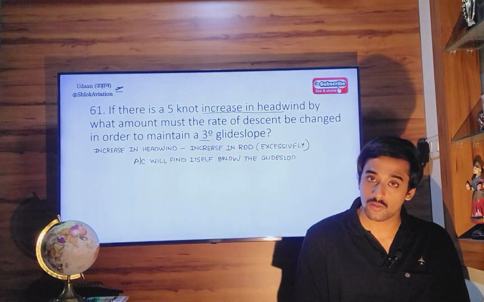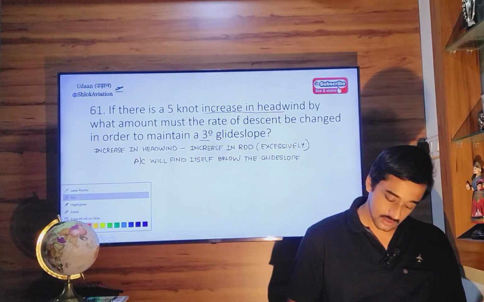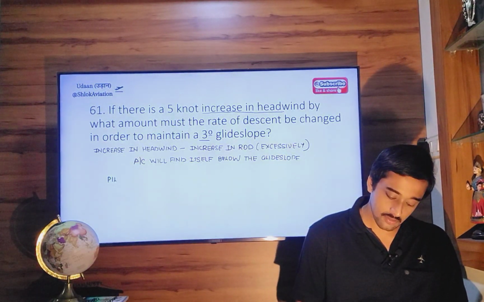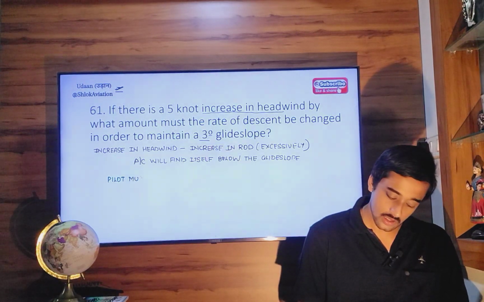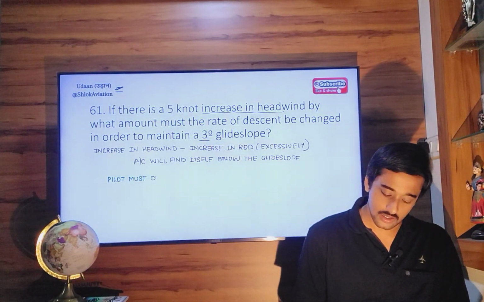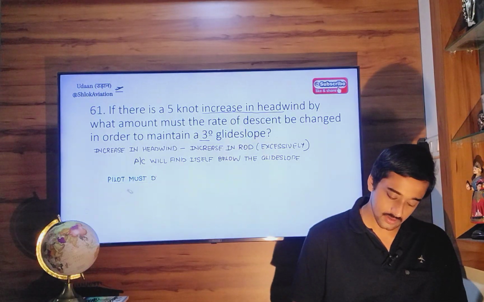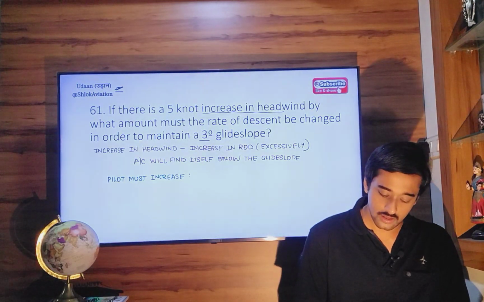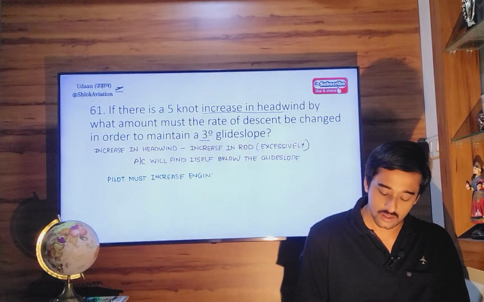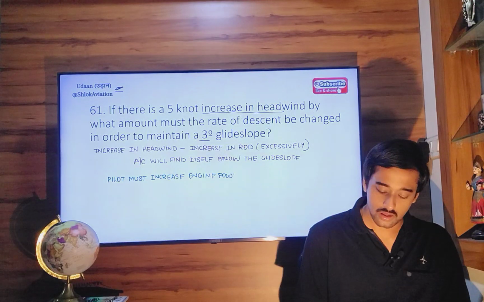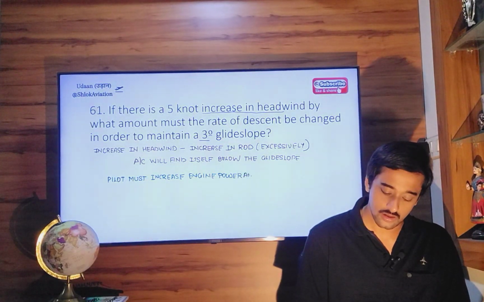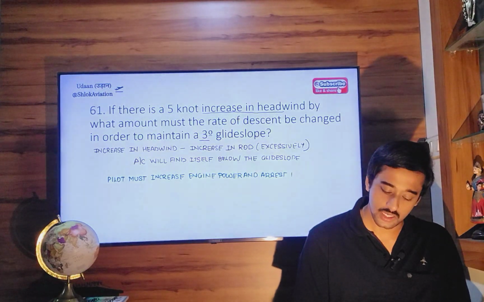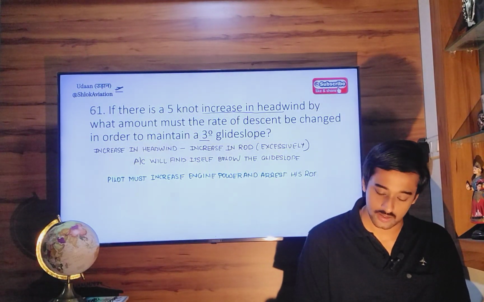The solution to this problem is the pilot must increase his engine power and arrest his rate of descent.